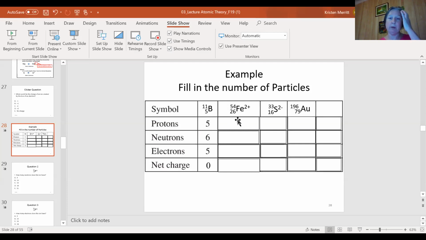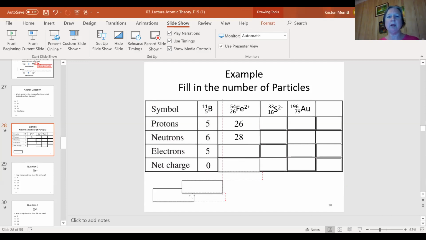Okay, let's look at this one. How many protons does this have? Well, that's that bottom number, so that one's easy. 26. How many neutrons? You want to subtract 26 from 54. So 54 minus 26. If I try to do it in my head, I'll probably make a mistake, but do it on your calculator. Oh, you would have gotten it right. It's 28. Now, electrons.